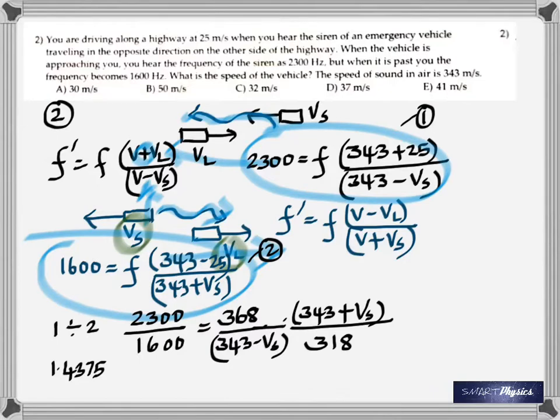Now 2300 divided by 1600 comes out to be 1.4375. And 368 divided by 318 is 1.16.